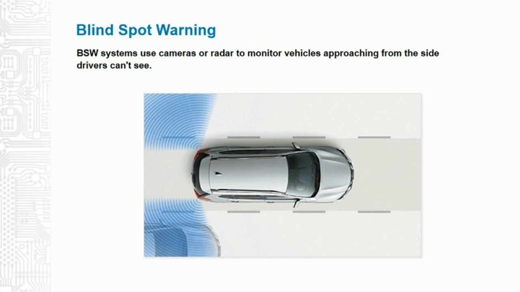When a system detects a vehicle in an adjacent lane approaching the rear of the driver's vehicle, which is the blind spot area, it notifies the driver. There's usually an audible warning or in some cases a tactile warning. The steering wheel might start to shake, for example, as an alert to indicate that it's unsafe to merge or change lanes.